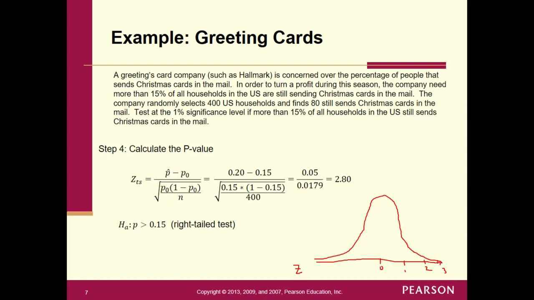You should always put a scale to make sure that everybody understands. So we have a right tail test. That shaded area isn't looking like a very big area underneath that curve, does it? So it looks like our p-value is going to be pretty small.